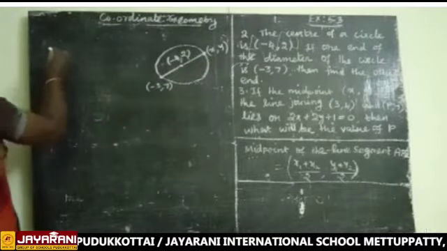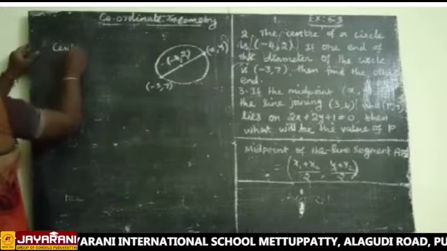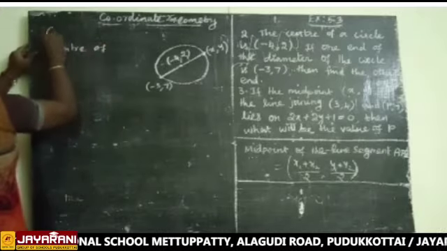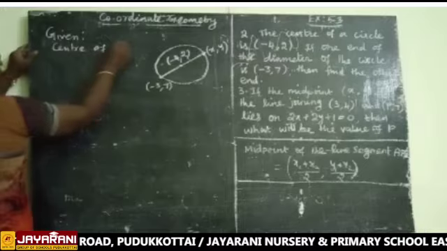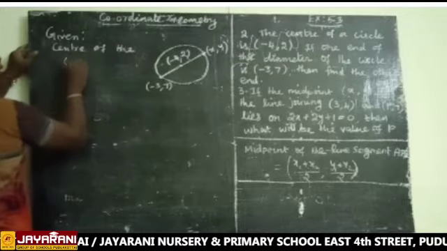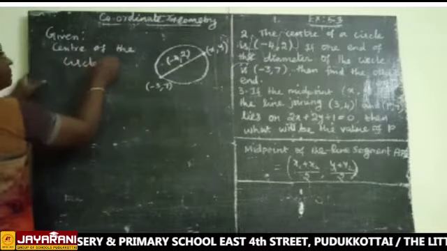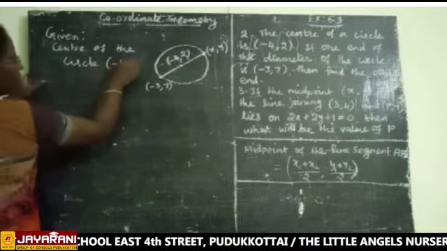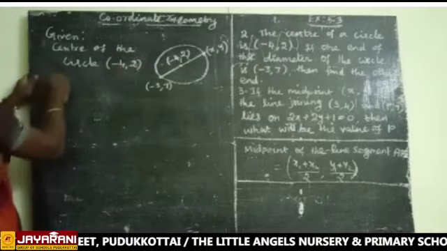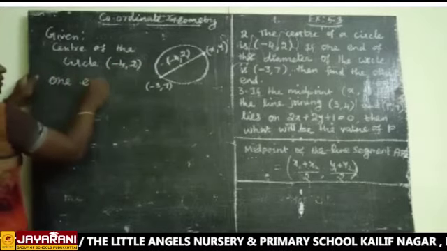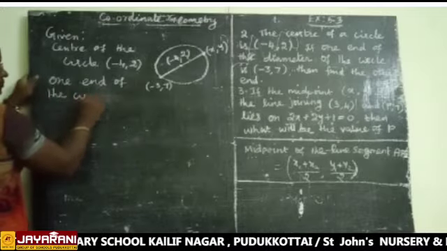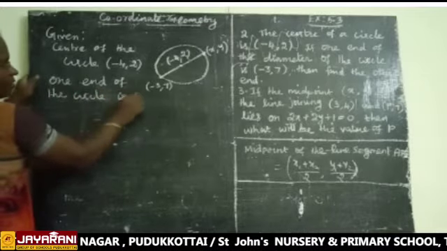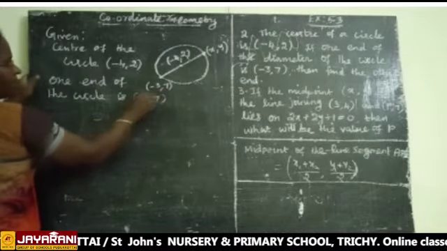What is given? The center of the circle is (-4, 2). One end of the diameter is (-3, 7).